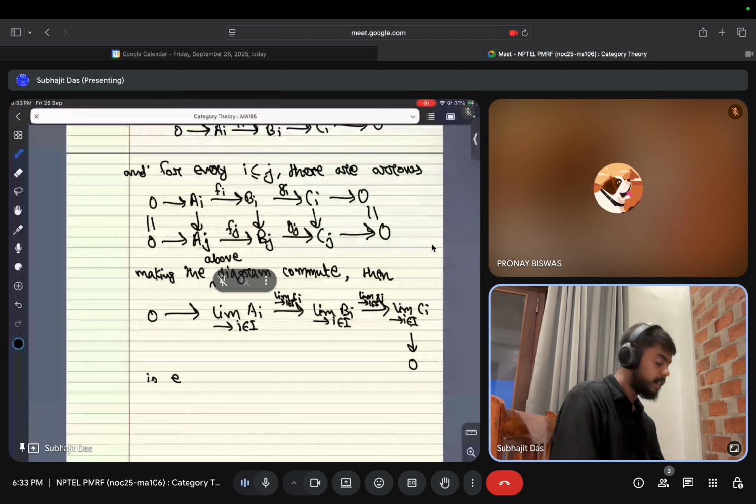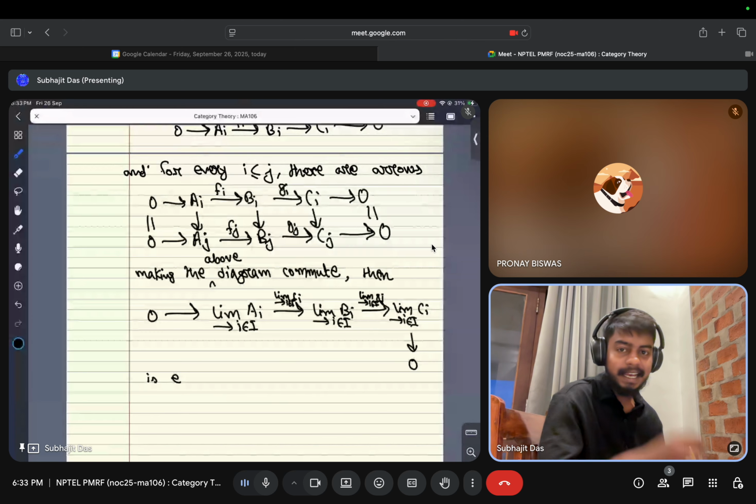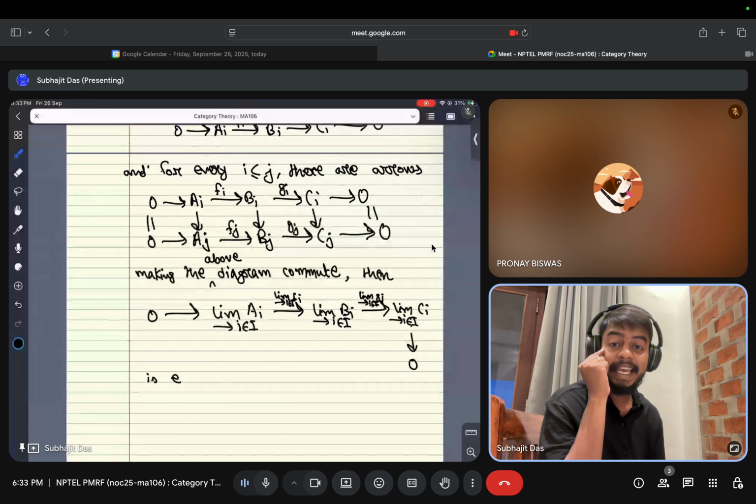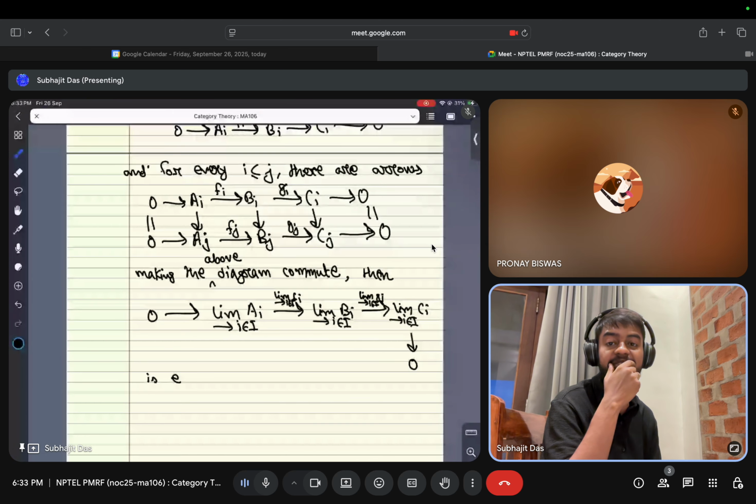Yeah. So just to clarify, what are these maps exactly? From limit AI to limit BI, what is this map limit FI? What exactly is this map limit FI?